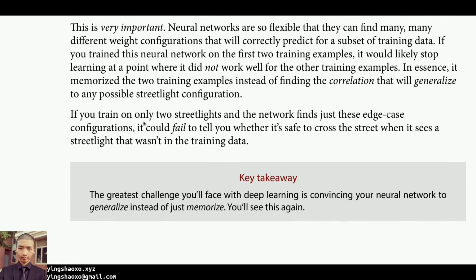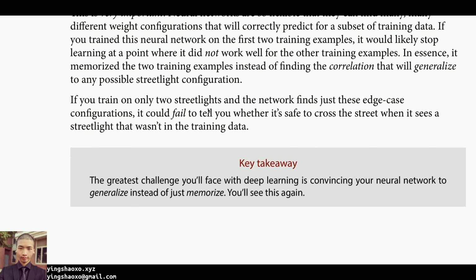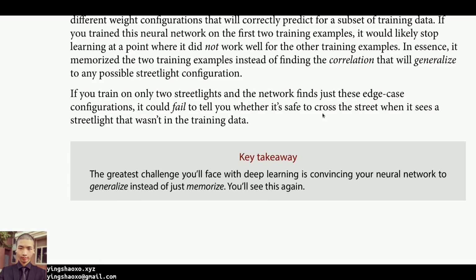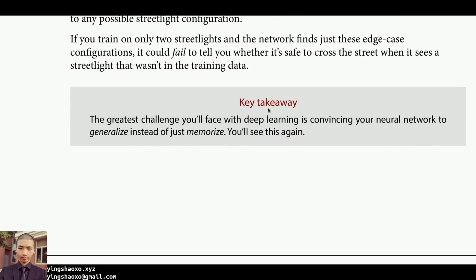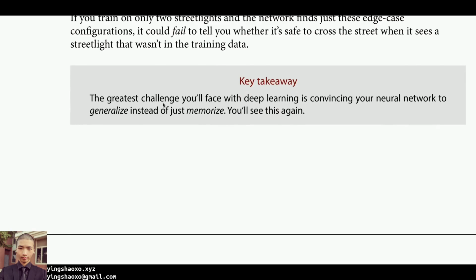If you train on only two streetlights and the network finds just these edge case configurations, it could fail to tell you whether it's safe to cross the street when it sees a streetlight that wasn't in the training data. Key takeaway: the greatest challenge you'll face with deep learning is convincing your network to generalize instead of just memorize. You'll see this again, okay?